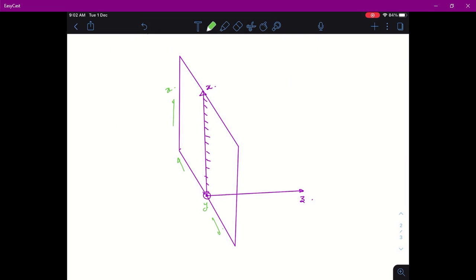The two sides of the plane have two different mediums.